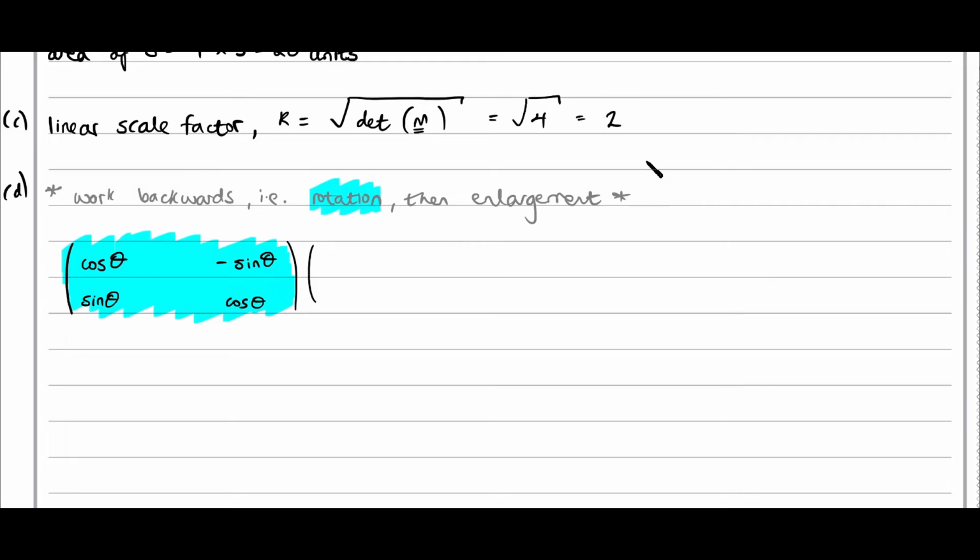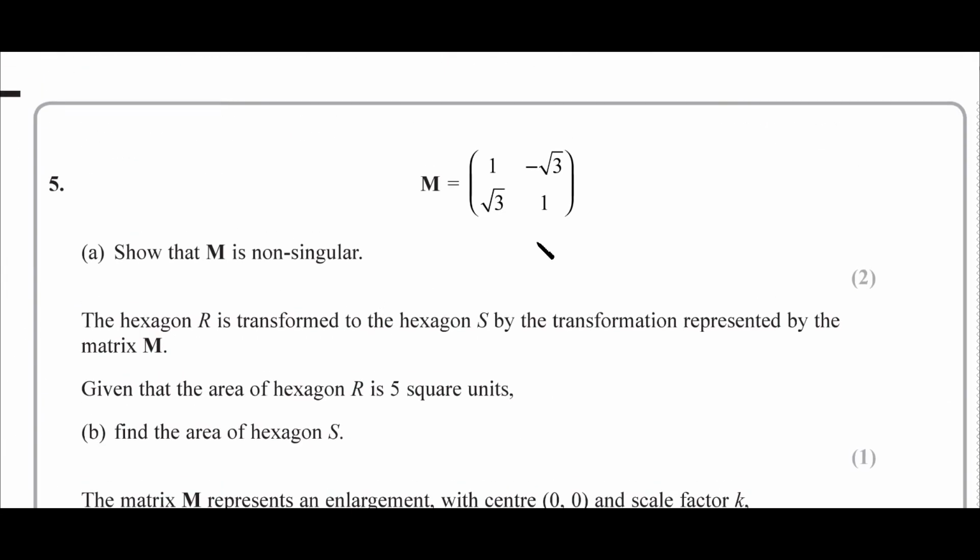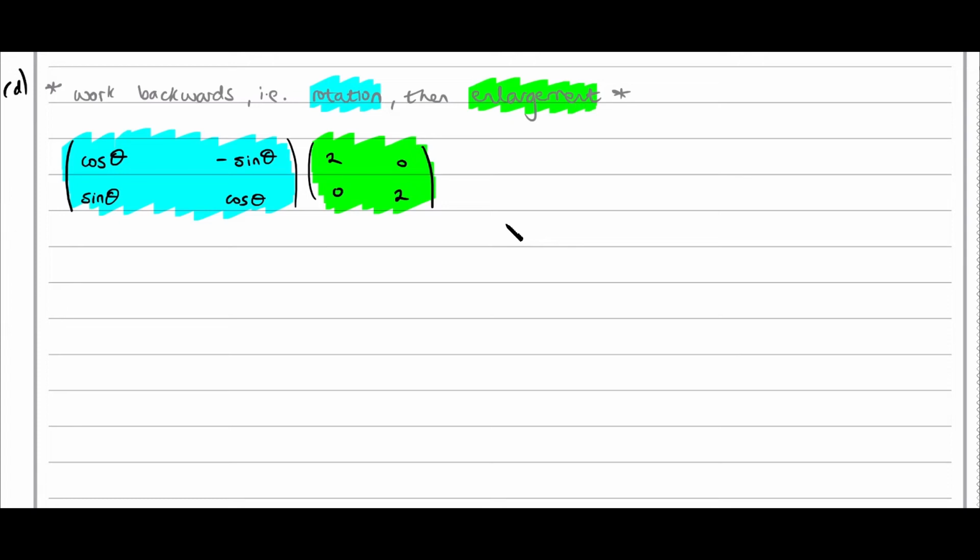Now, that matrix would be 2, 0, 0, 2. So this represents the enlargement. Okay? And if we multiply these matrices together, we end up with the matrix M. So these two multiplied together gives our matrix M: 1, minus root 3, and 1.